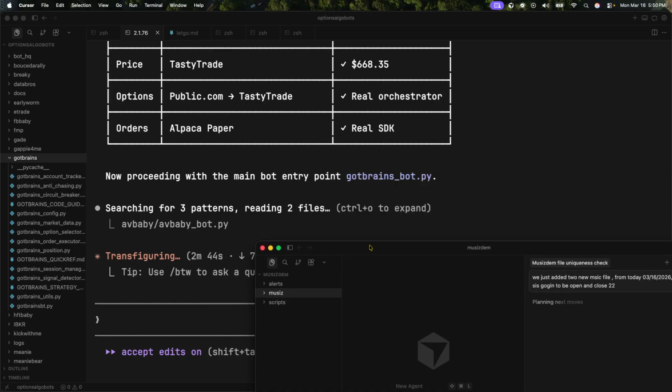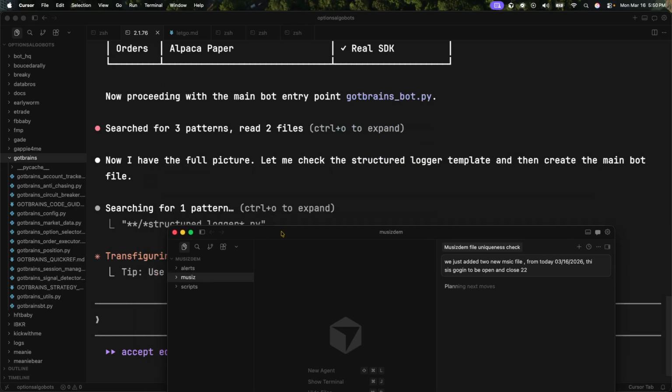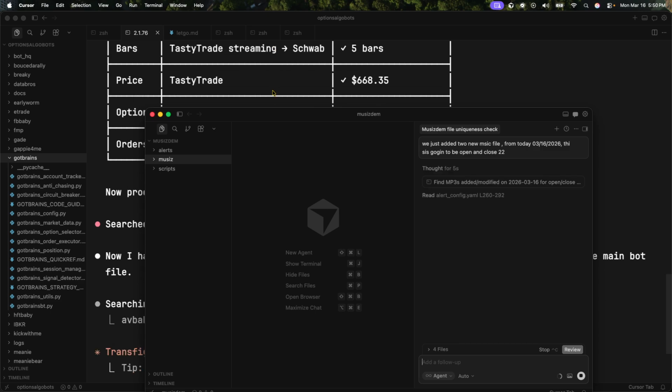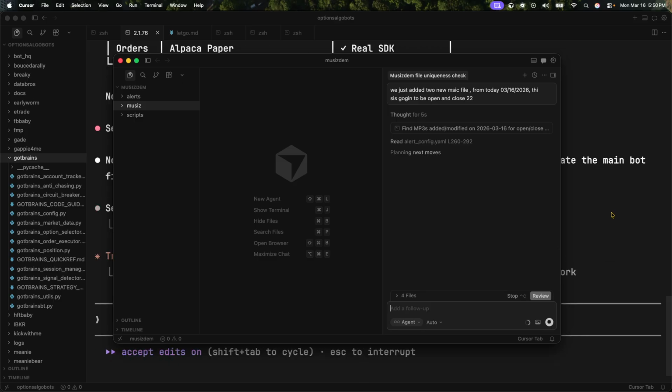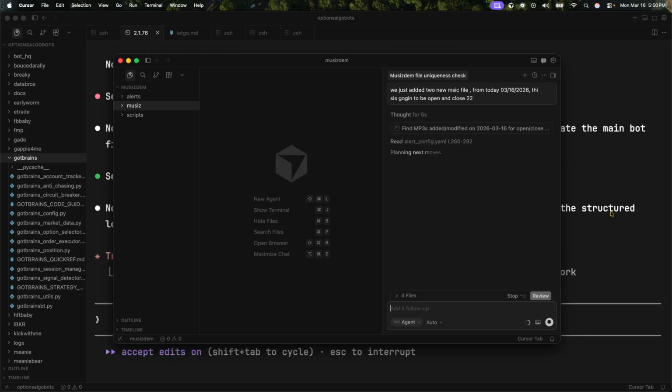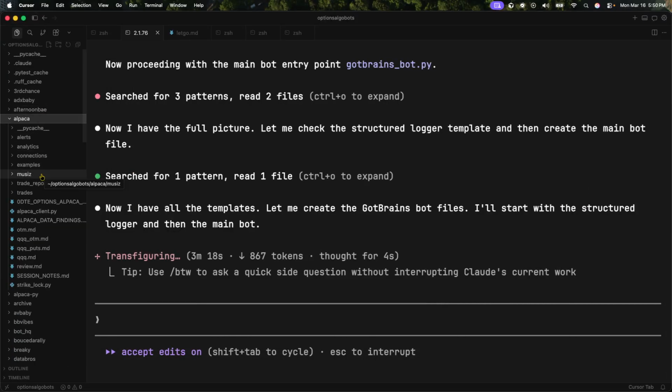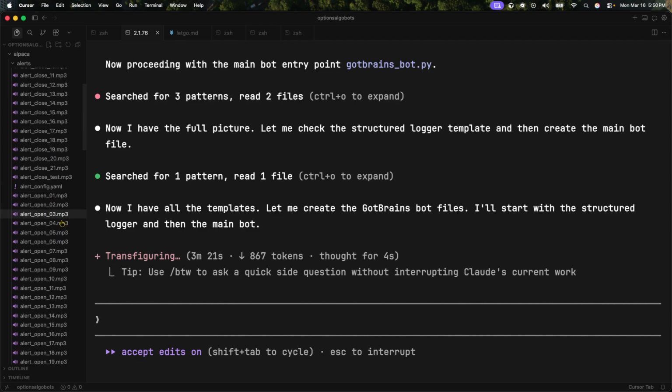All right, what are you doing? I was almost there. Okay, everything's legit. What's going on right now is I'm having Cursor's AI do it, because I keep it to super basic things. It's taking those two sounds and chopping them up for us so it can make the 22 open and close, and then it should pop up here under new alerts.